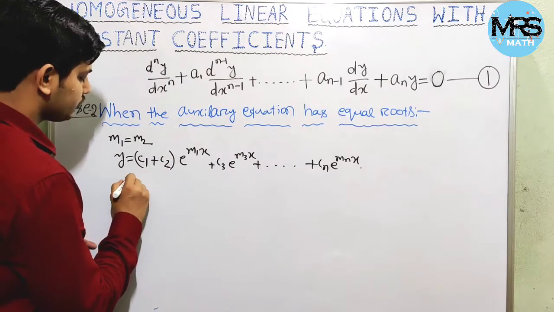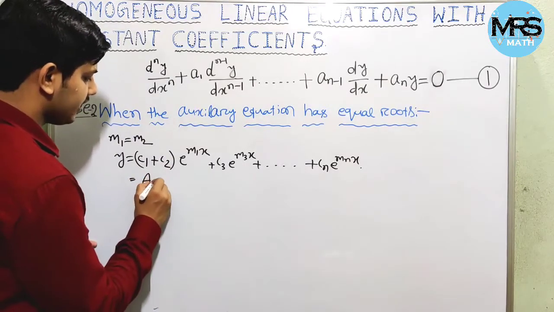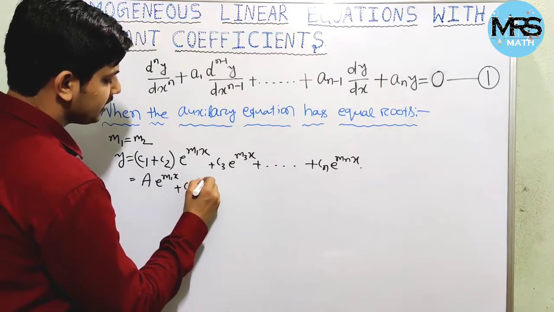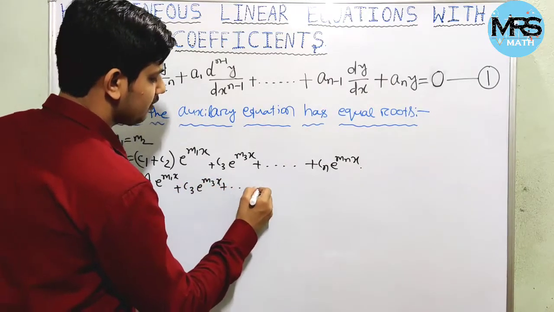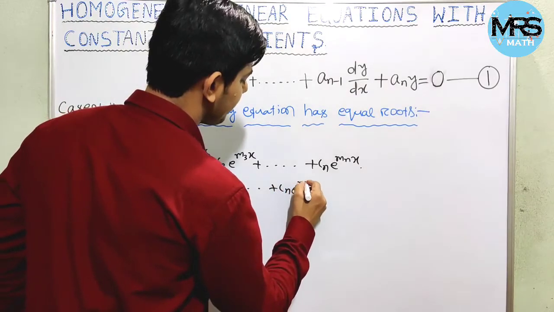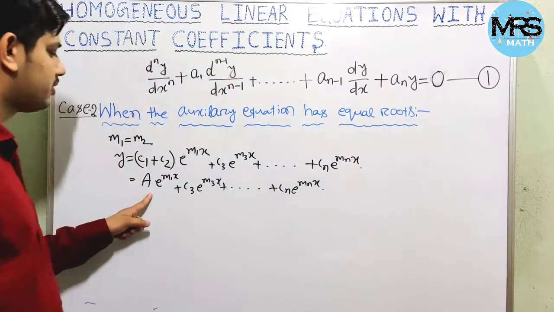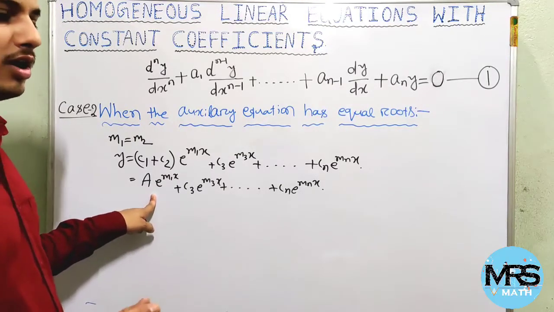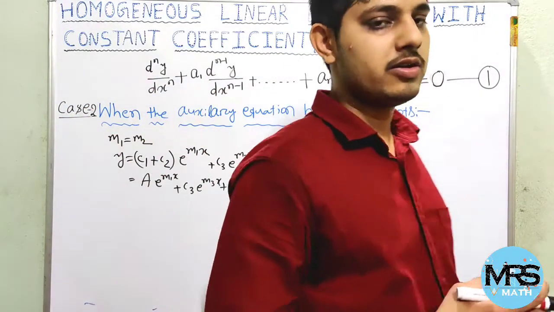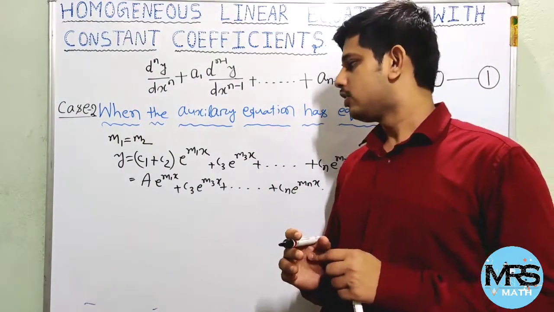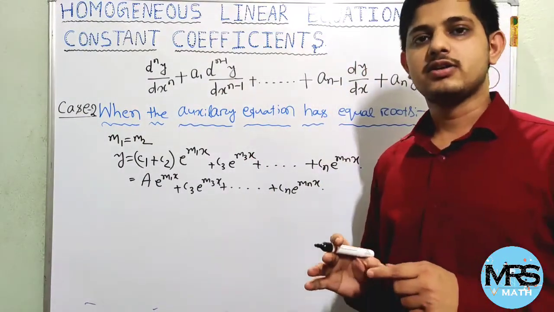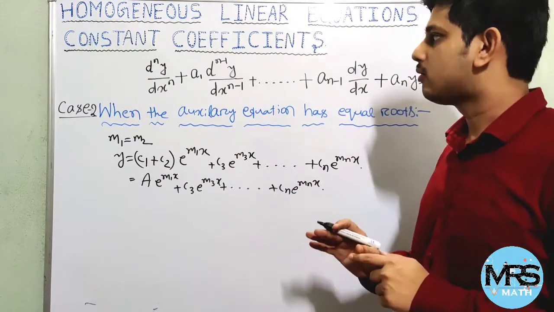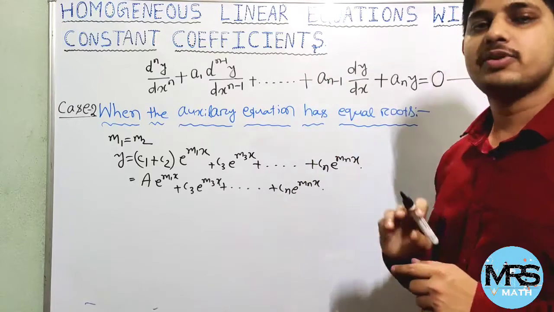So c1 plus c2 we can write as another constant, that is a, e to the power m1x plus c3 e to the power m3x up to cn e to the power mnx. So this will be the general solution. But according to the complementary function, the number of arbitrary constants present in the complementary function should be equal to the order of the differential equation.